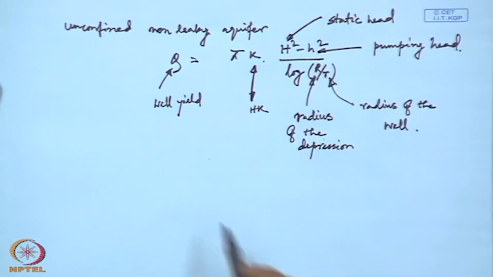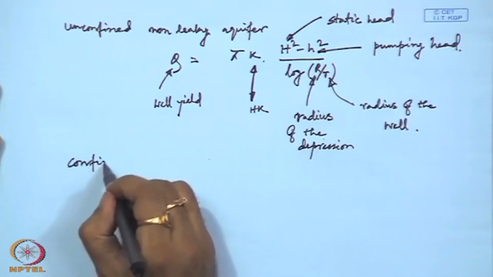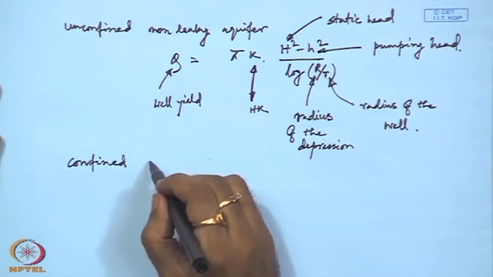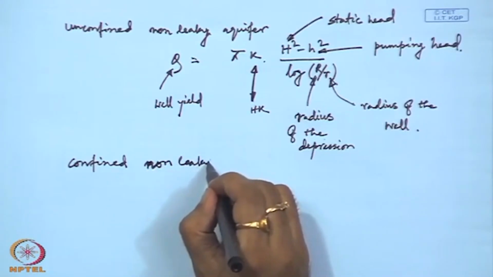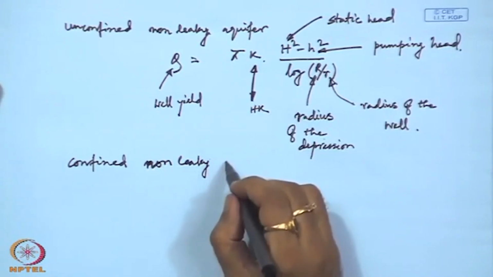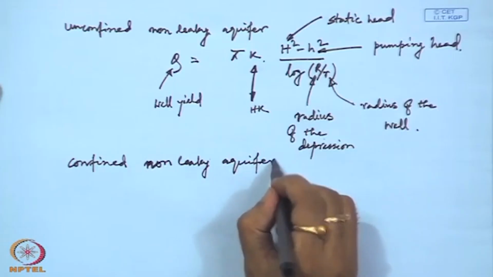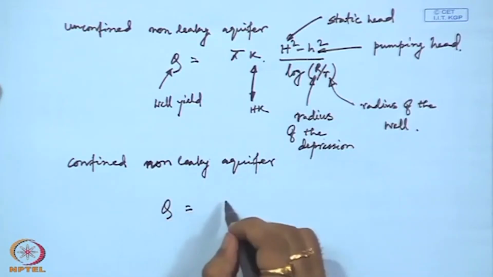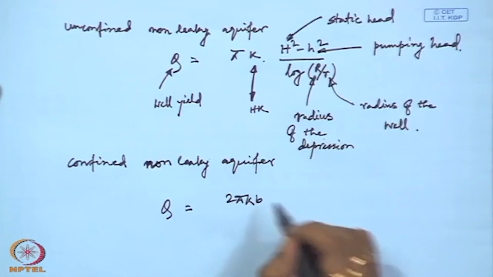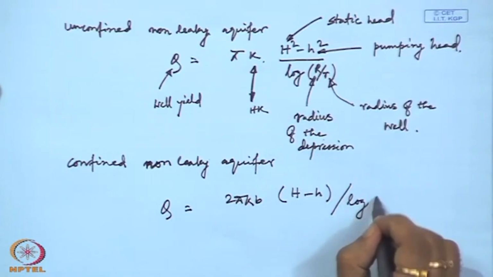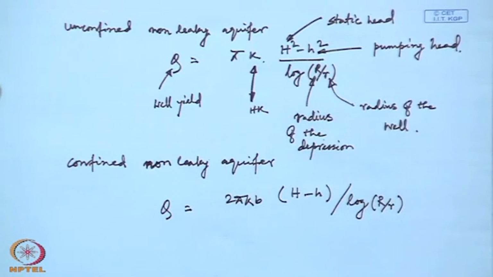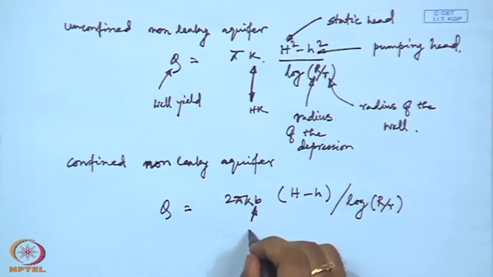So, for a confined, non-leaky aquifer, this Q is 2 pi k b and H, this is again log r by small r, where this b is the saturated thickness or thickness of the confined aquifer.